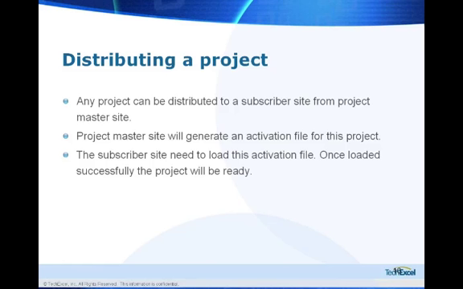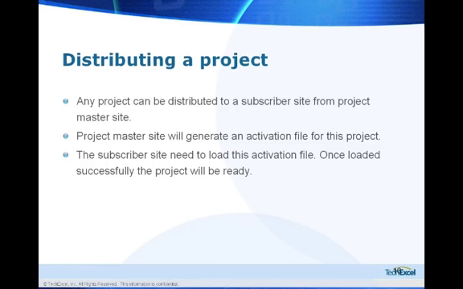Now, once you have a multi-site system set up, if you have an existing project that has never been distributed before, the process is you allow a subscriber site to connect to the project master site, and then the project master site can generate an activation file.